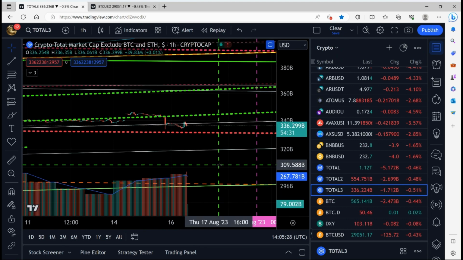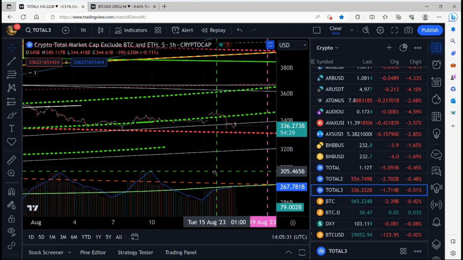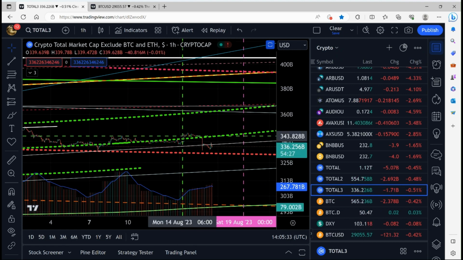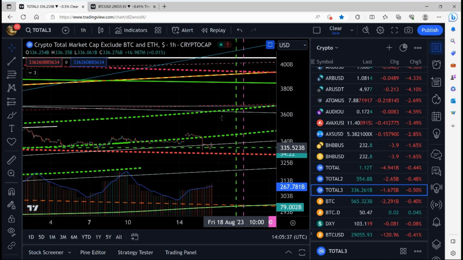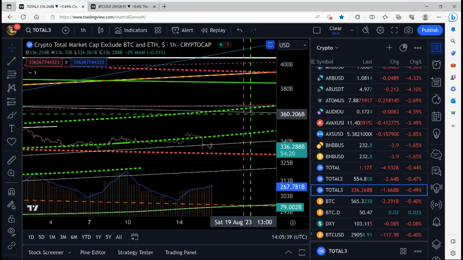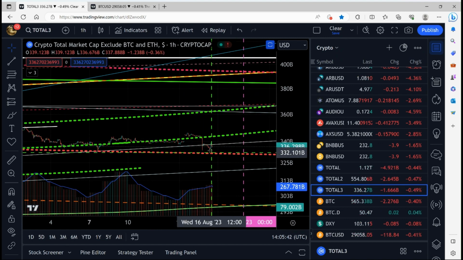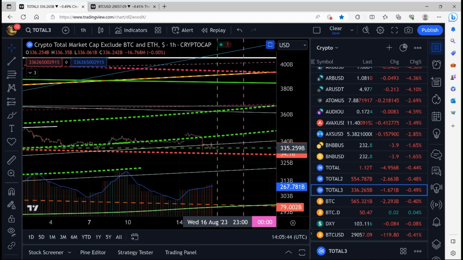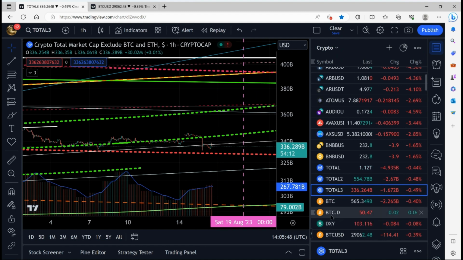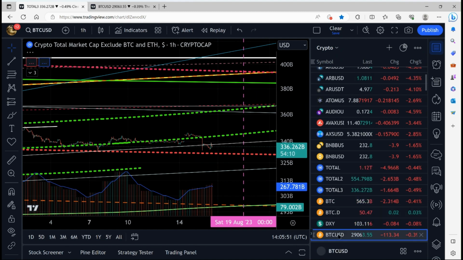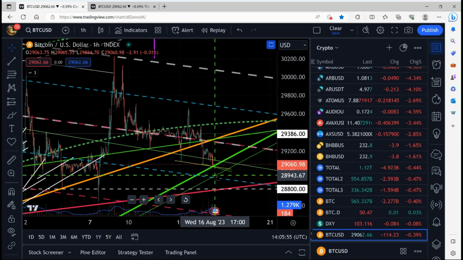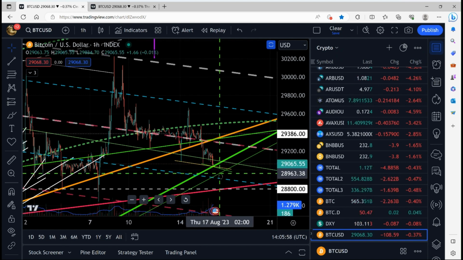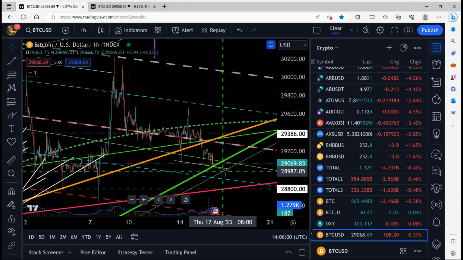When you zoom out, you see the 3 red lines here. That is the bottom of the weekly Gaussian channel. So I truly believe we are looking for a huge bounce off of here on the crypto market cap and off of this lighter green line on the Bitcoin chart here.